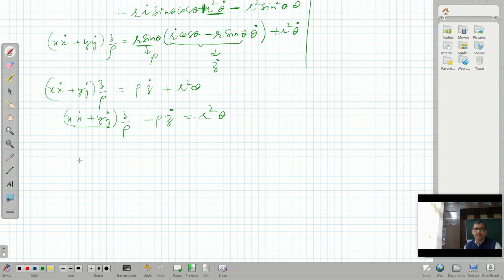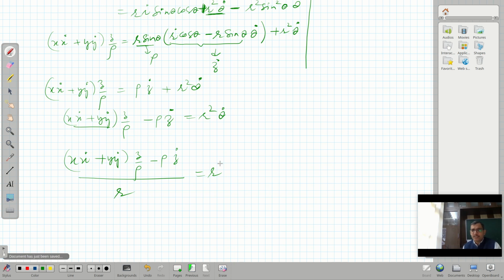So simply I should write it as x dot plus y dot into z upon rho minus rho z dot, whole divided by r, and it will become r theta dot. Oh sorry, theta dot is here, so it is r theta dot. I bring this r from here to here, so this is nothing but v theta. So this is the second part which we have proved.